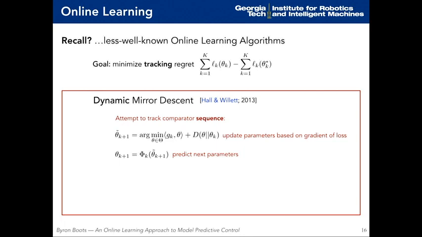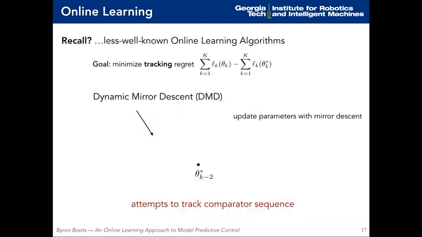At every step, dynamic mirror descent updates a surrogate loss function like vanilla mirror descent, and then uses a predictive map to anticipate the next parameters. And if the predictive map accurately captures how the comparator sequence is evolving, then dynamic mirror descent should have low regret. So let's see how this works.